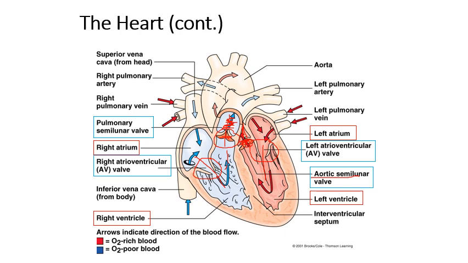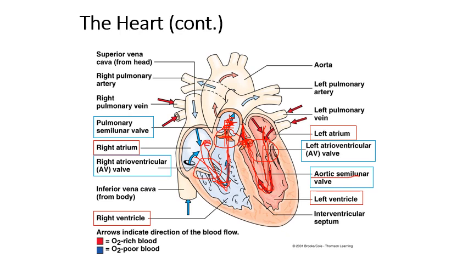So these are going to ensure that the blood flows from the right atrium, right ventricle, out to the pulmonary trunk, and then back to the left atrium, to the left ventricle, and then out to the aorta. We don't want the blood going from the left ventricle back into the left atrium. We want it flowing into the aorta. And when this ventricle contracts, we want the blood flowing into the pulmonary trunk, not back into the atrium.